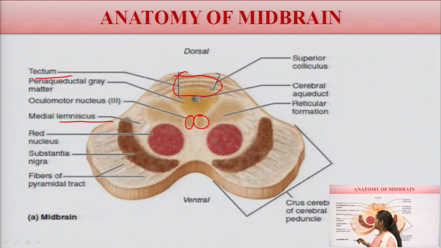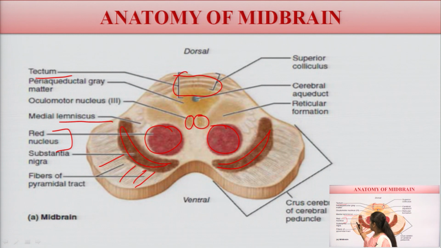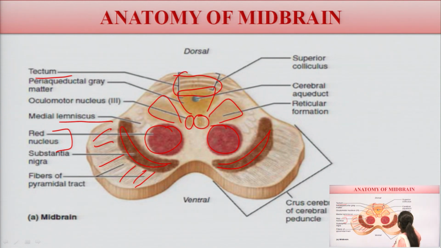This is the medial lemniscus, and this is the red nucleus, this is the substantia nigra, and this fibrous part is the fibers of the corticopontine tract. There is a rectangular shape known as the reticular formation, and this black spot is the cerebral aqueduct, and this superficial part is the superior colliculus.